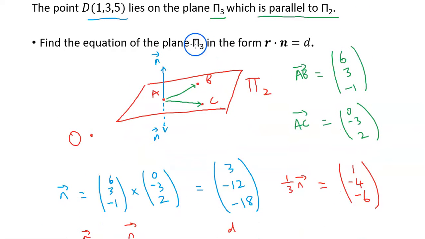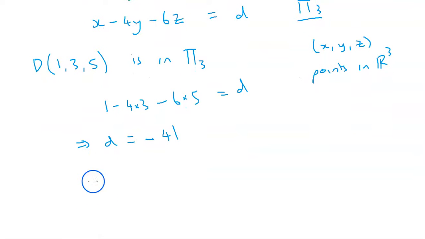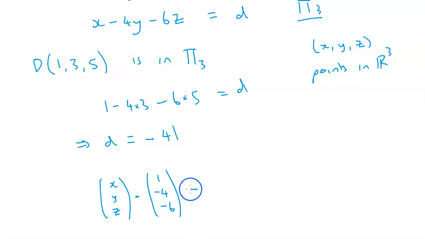And we need the equation of pi3 in the form r dot n equals d. No problem. So we have r is x, y, z, dotted with our normal vector, which is 1, negative 4, negative 6. This is equal to our d value, which is negative 41.